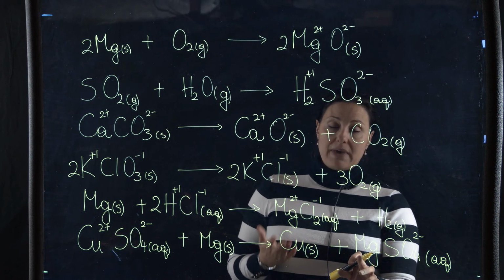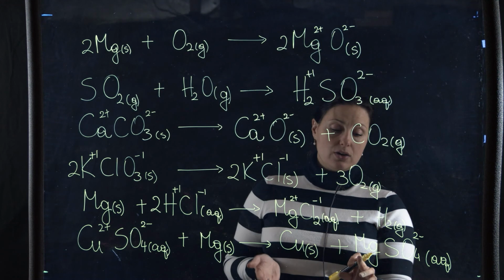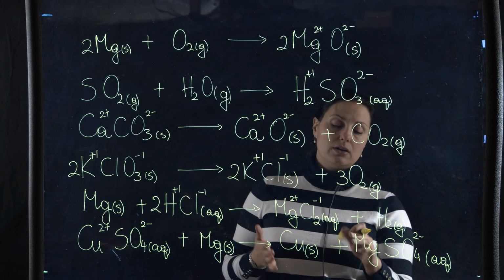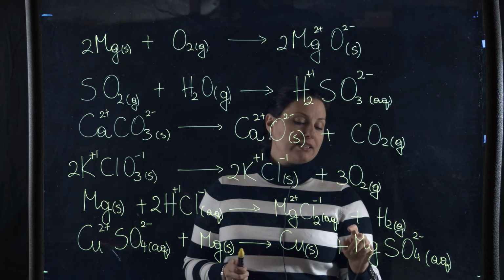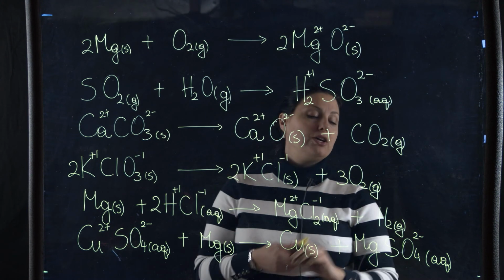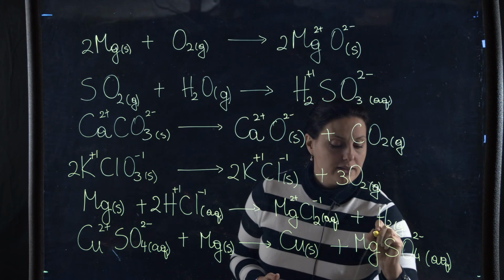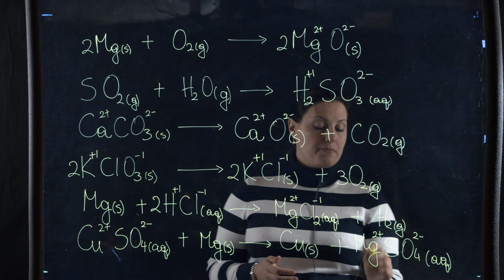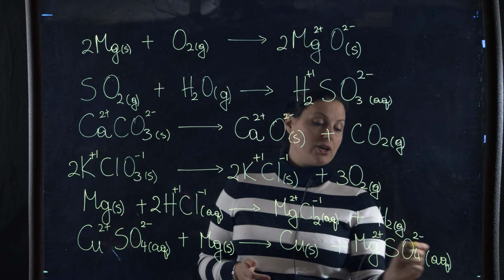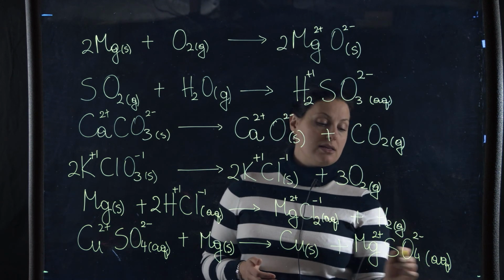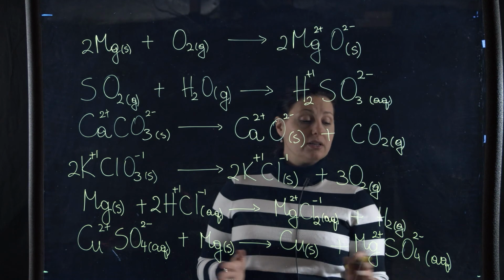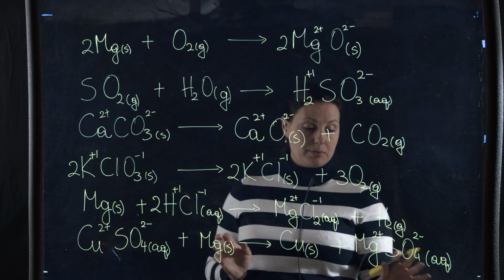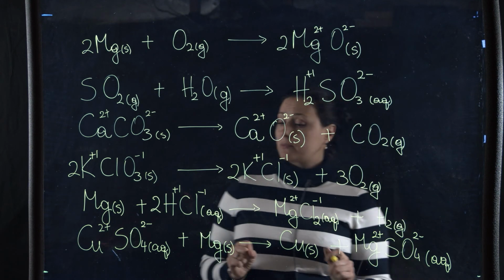Now we know that magnesium is a group 2 metal, so it will always form a 2+ ion. Therefore, because I have a 2+ here and a 2- here, this is a neutral compound the way it's written. I don't need to mess with the subscript anymore.